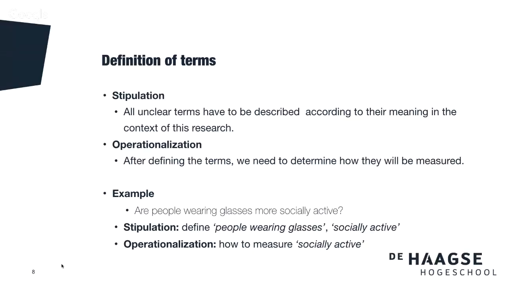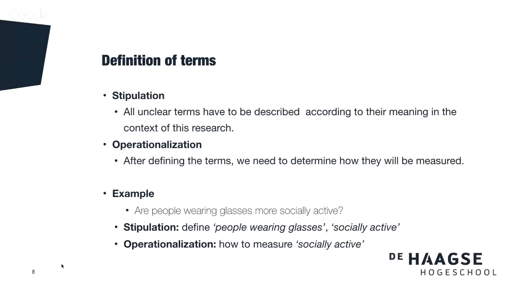And operationalization: if something is really vague, then you need to define the way that you are going to measure it, right? So here is an example. If the question is, are people wearing glasses more socially active? Then we are going to need to define the terms.